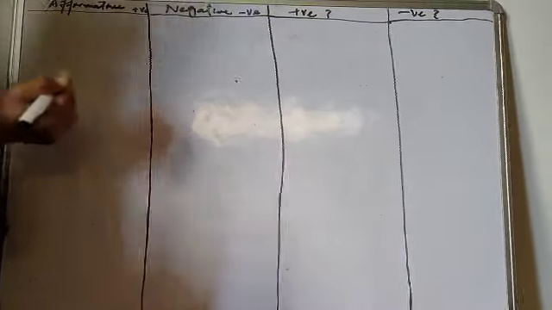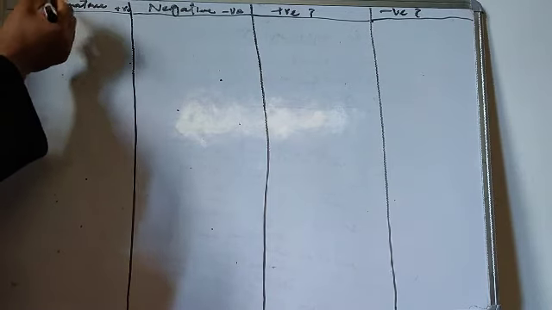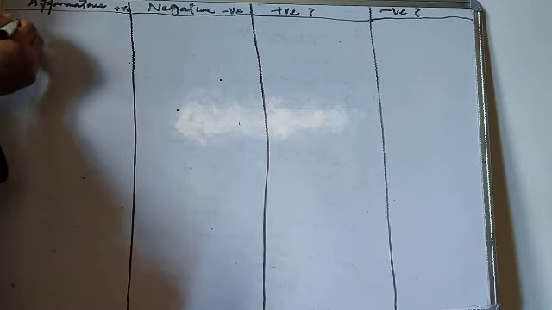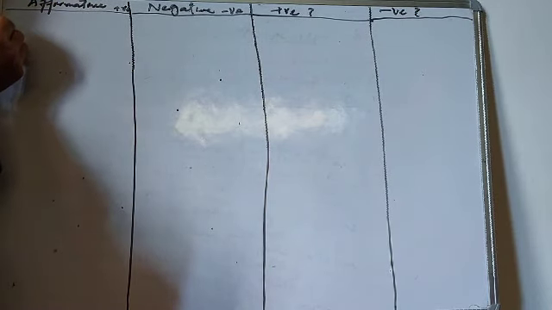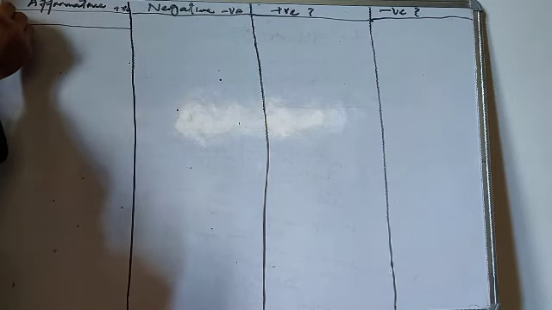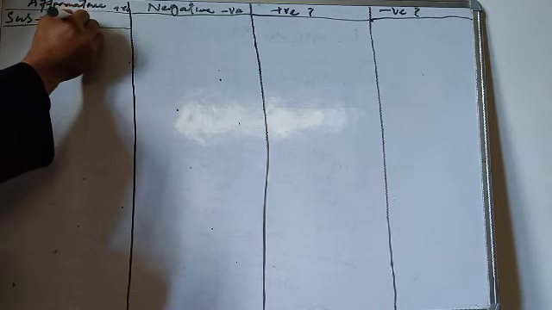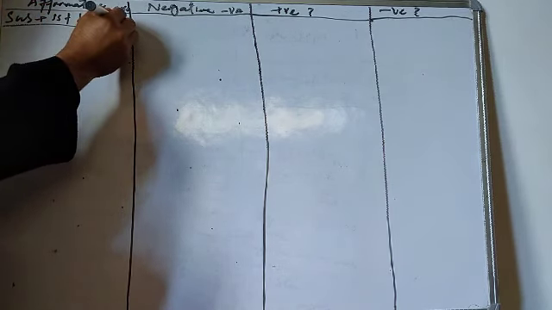Okay, let us have a look at this table. How can we make an affirmative present indefinite tense? It is the same way I taught you earlier. It is subject plus first form of verb.